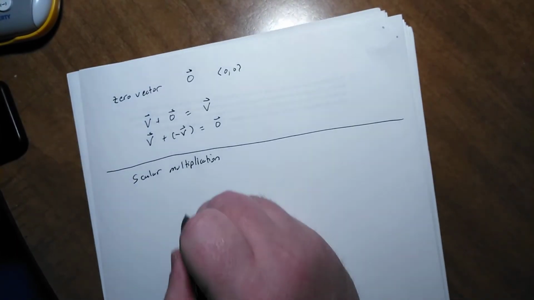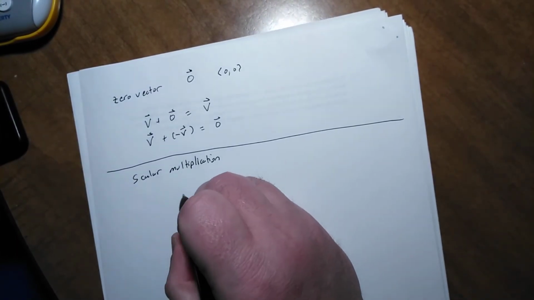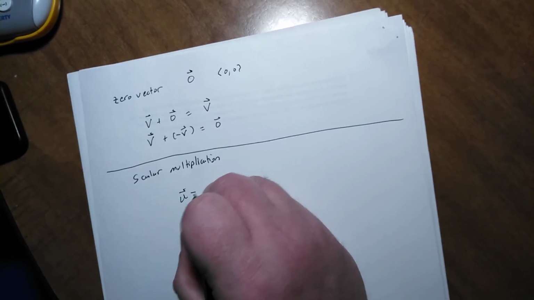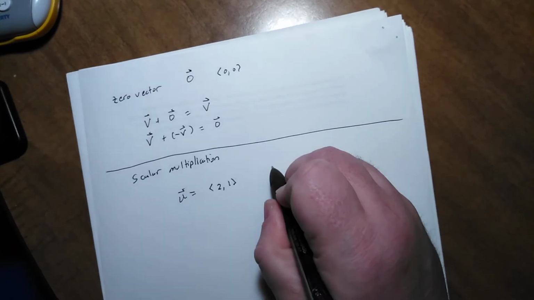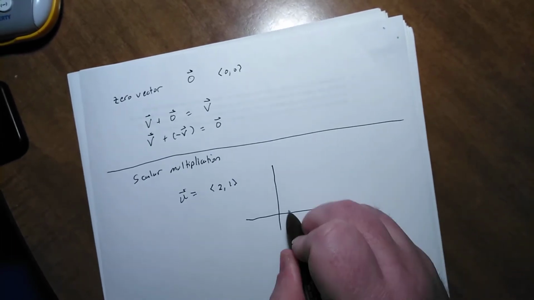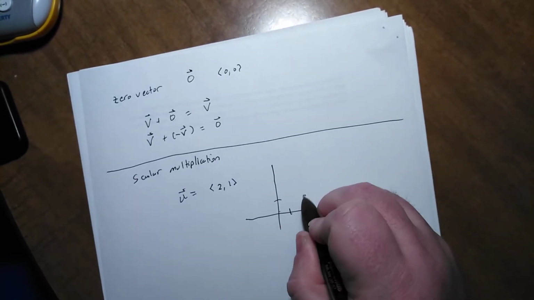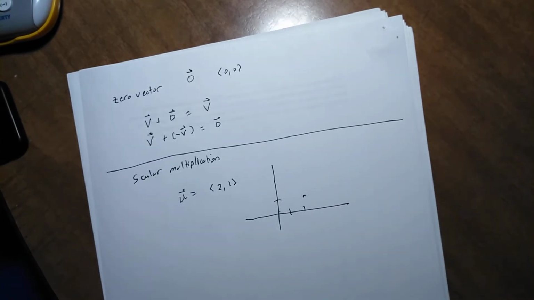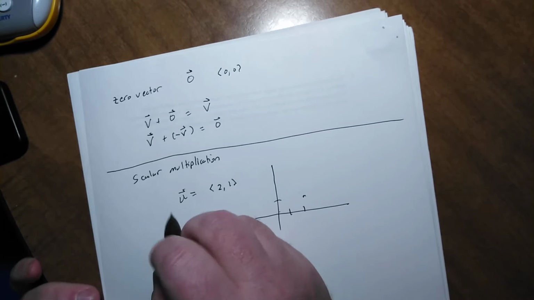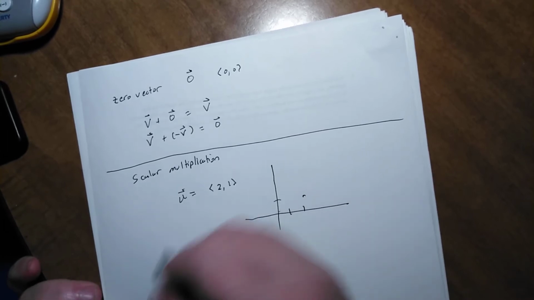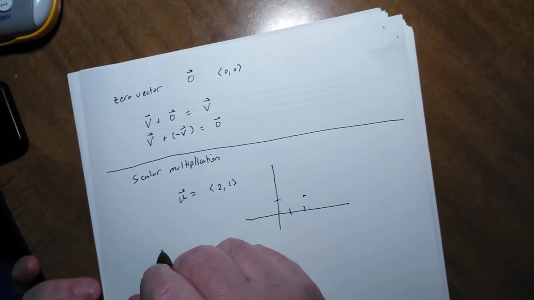So we have some kind of a u. Let's go ahead and give it some actual numbers this time. So let's go with 2, 1. Okay, we can go ahead and graph that. So that's going to be 1, 2, and 1. And you'll please excuse my scaling on here. If I'm going to multiply it by some scalar number, which is what you've dealt with up until now, just numbers.